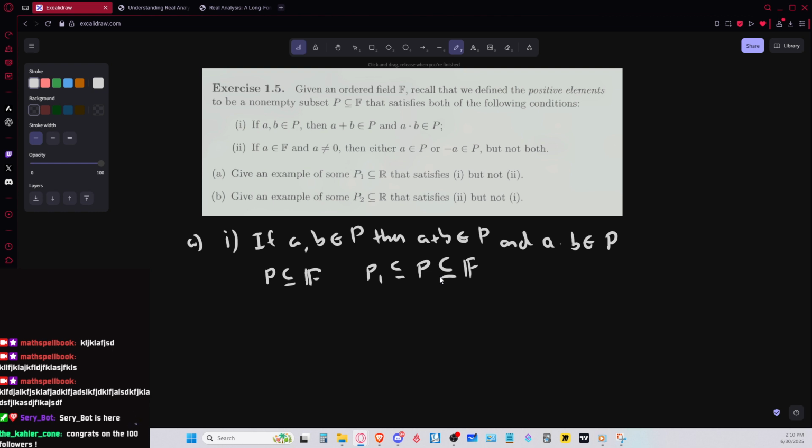Yeah, because I'm guessing P1 is supposed to be a subset of P, which is a subset of F. So maybe it is a proof-based question.